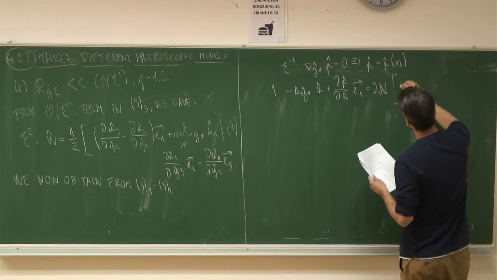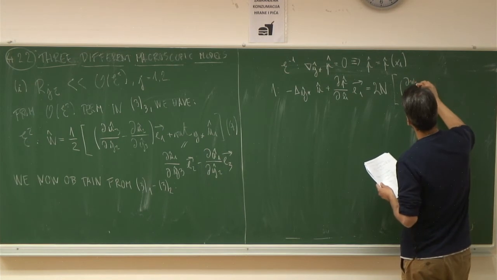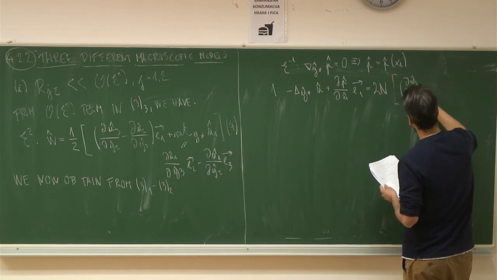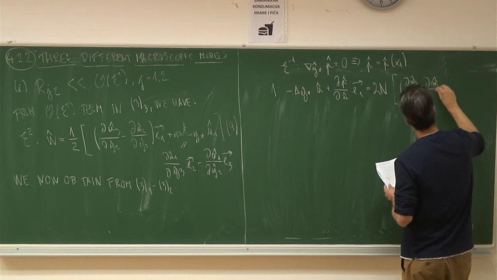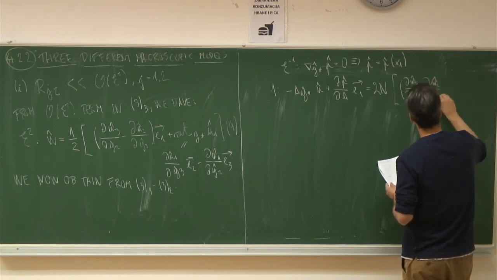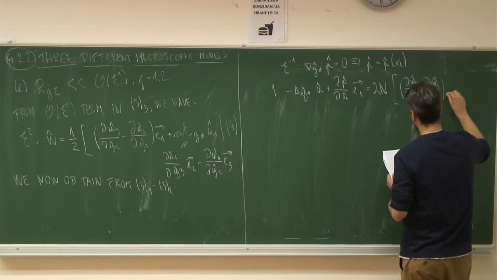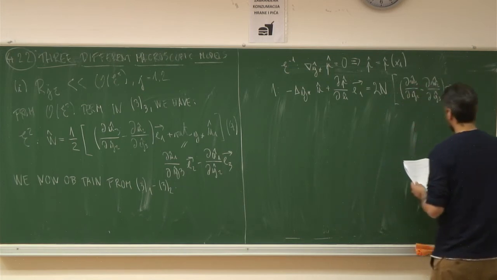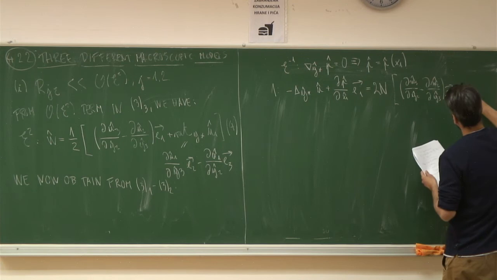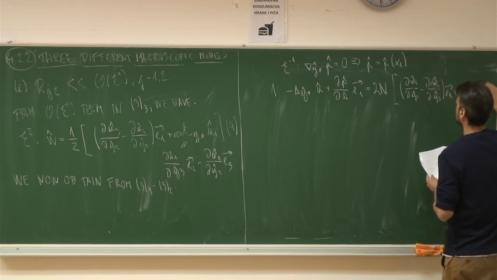So the v3 kappa over dy2 kappa minus dv2 over dy3 e1 plus rotation of y kappa star d1 kappa.